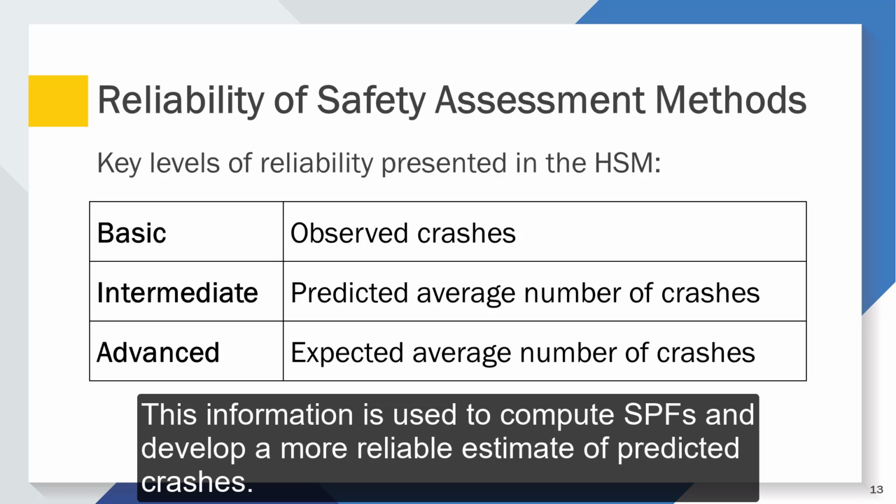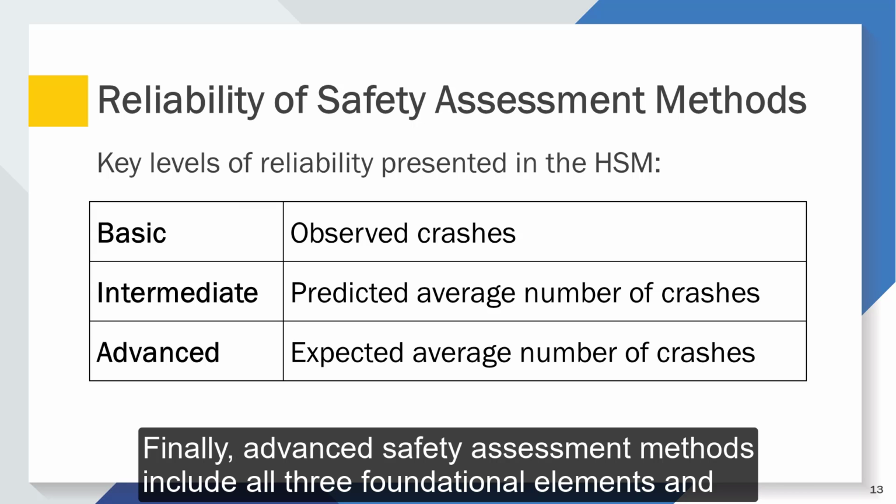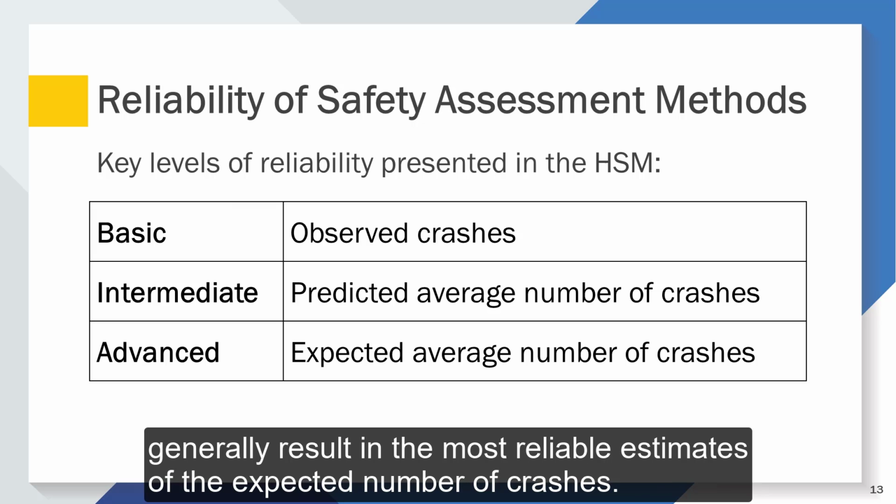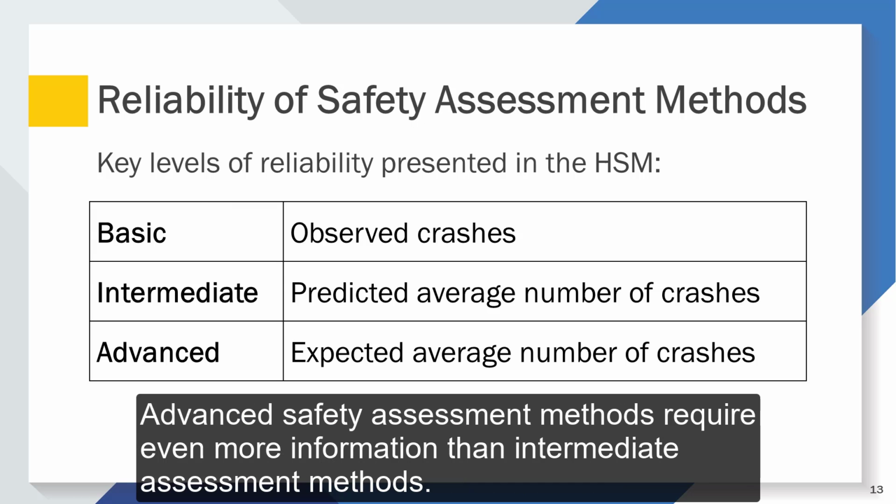This information is used to compute SPFs and develop a more reliable estimate of predicted crashes. Finally, advanced safety assessment methods include all three foundational elements and generally result in the most reliable estimates of the expected number of crashes. Advanced safety assessment methods require even more information than intermediate safety assessment methods.